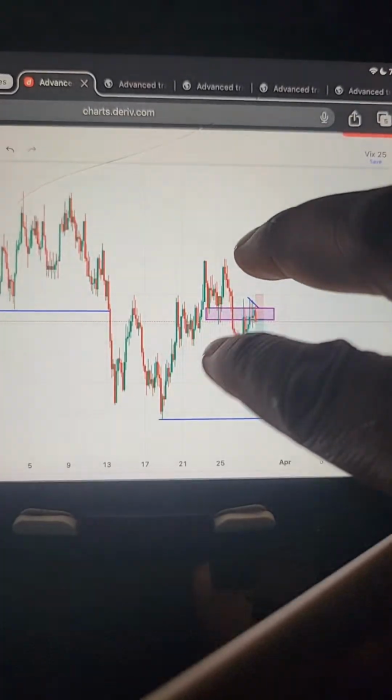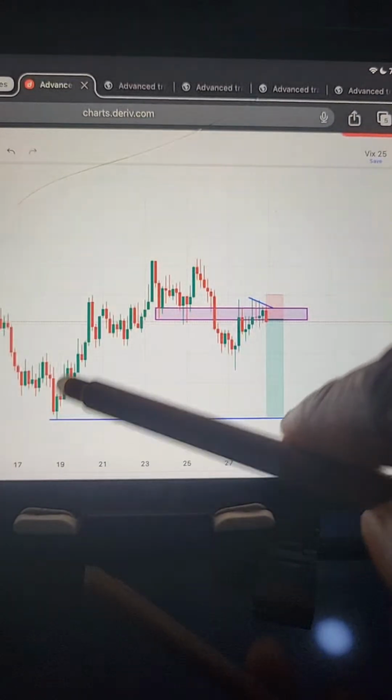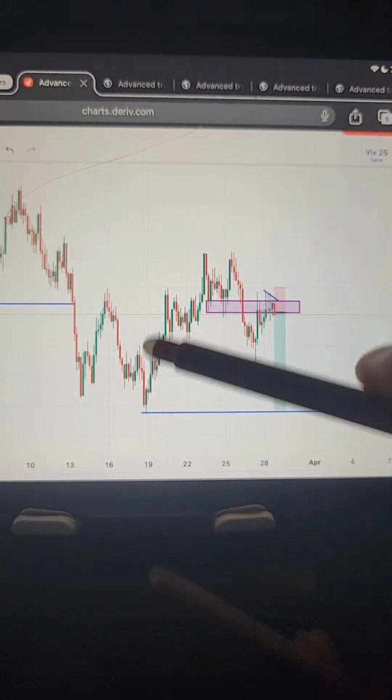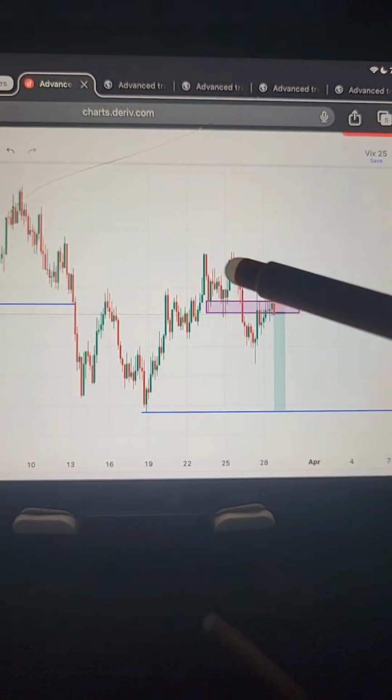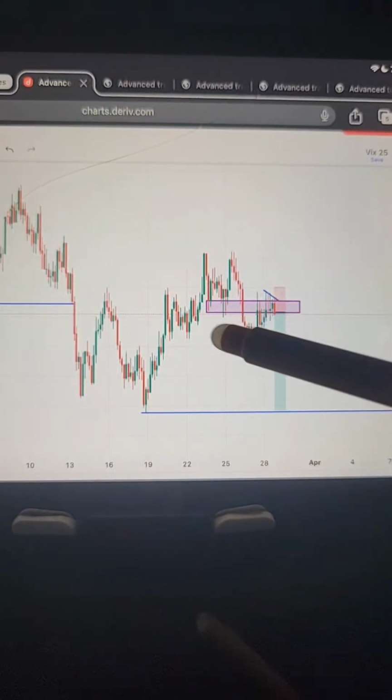The external structure controls the internal structure. So everything that is happening inside here is called internal structure. Our internal structure was once bullish. We have to wait for our internal structure to align with our external structure, which is bearish.